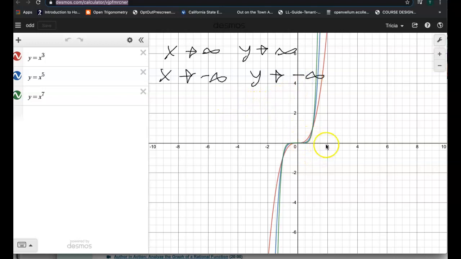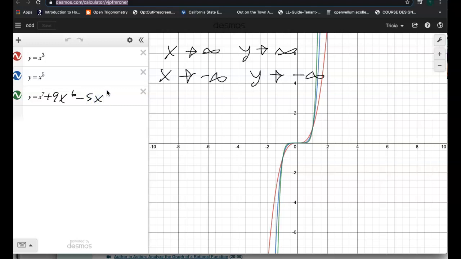And so you can see that here. So as x is getting larger and larger, all the y values are positive, and then on the other side, as x is getting more and more negative, all the y values are getting larger and negative values.